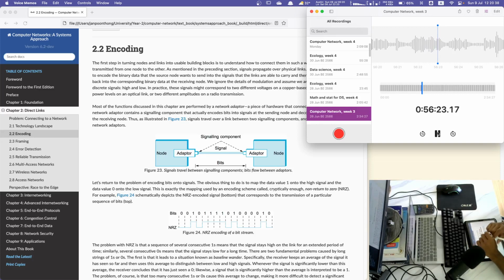Too many 1s, too many 0s may confuse it, so it is very difficult for a receiver to decode properly. The signal is coming very fast, 1, 0, 1, 0, but with too many 1s or 0s, the receiver is unable to identify properly. So this is called the baseline wandering problem.